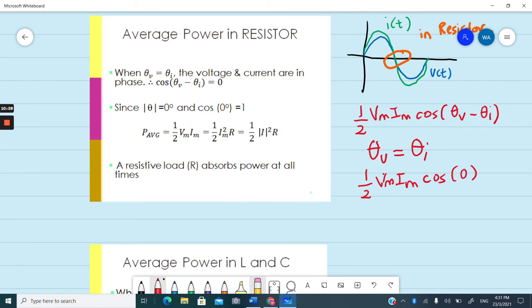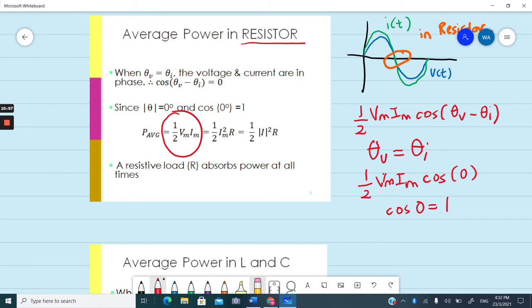If you calculate using your calculator, cos 0 equals 1. So the average power in a resistor is equal to half V_m I_m.